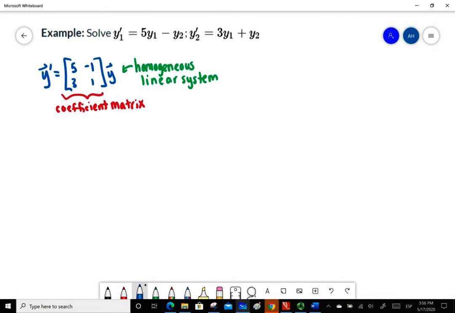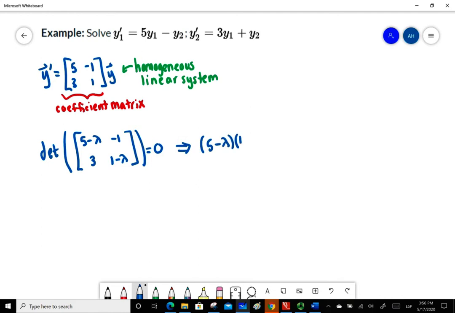To find the eigenvalues, I need to solve the determinant |5 - λ, -1; 3, 1 - λ| = 0. So I need to solve (5 - λ)(1 - λ) - (-1)(3) = 0.